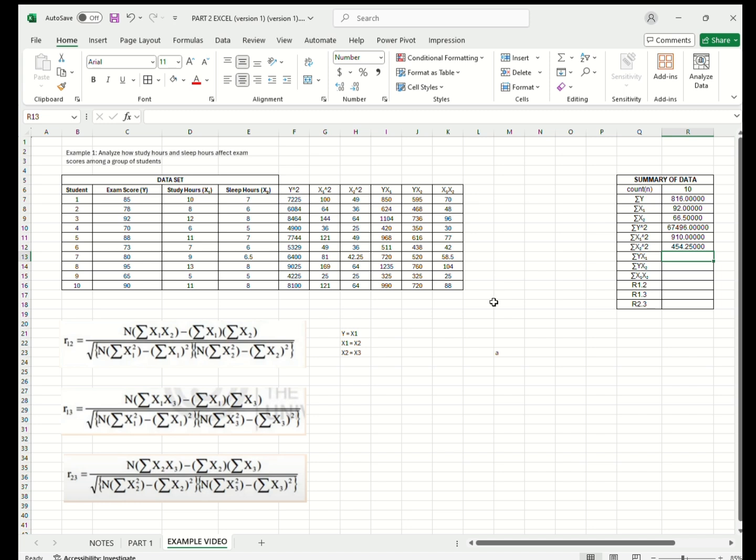Now next, the multiplied values of the dependent variable and the independent variables.